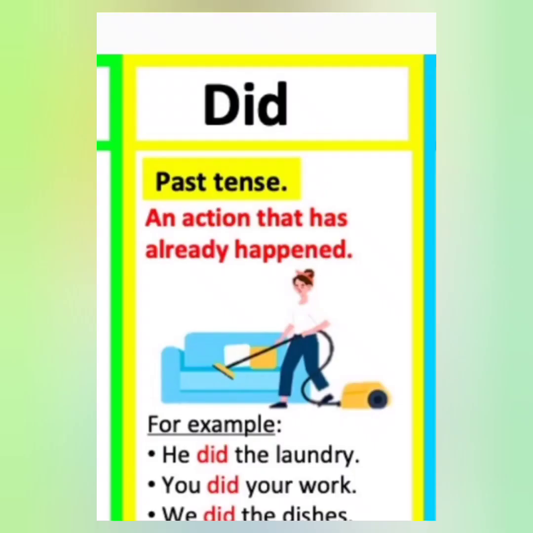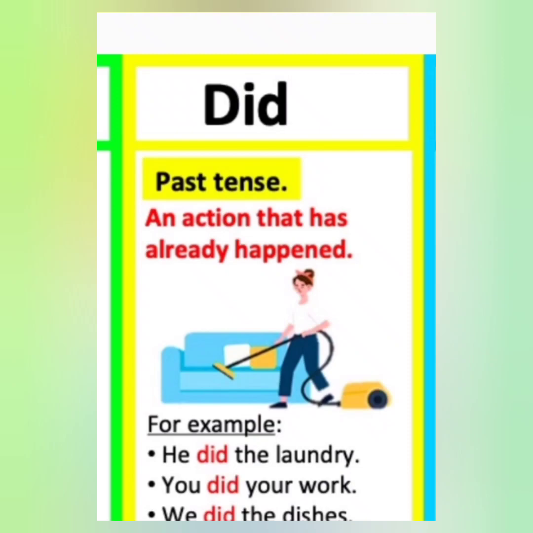For example, he did the laundry. You did your work. We did the dishes. That means the action has already happened. Remember, we use do and does for everyday action but did for past action.